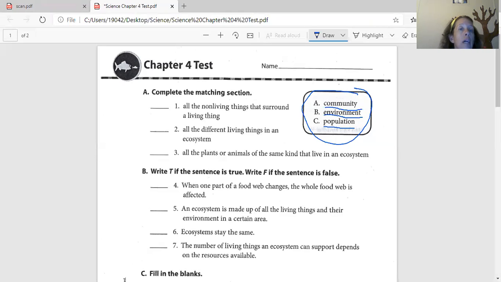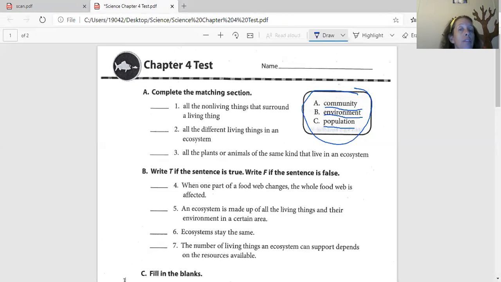Here we go. The directions say complete the matching section. Number 1, all the non-living things that surround a living thing. If you think that is a community, put an A here. If you think that is environment, put a B here. And if you think that is population, put a C here. I'll read it again.